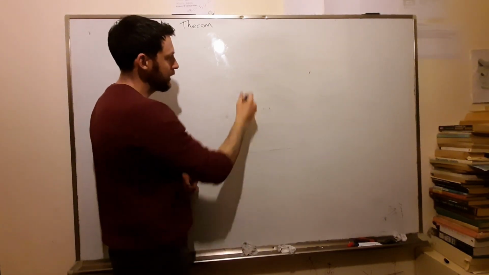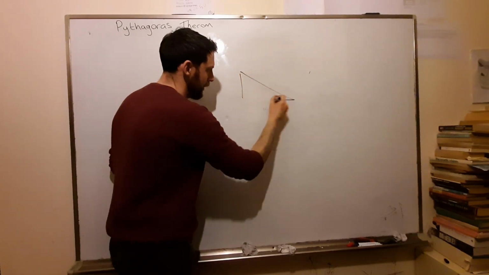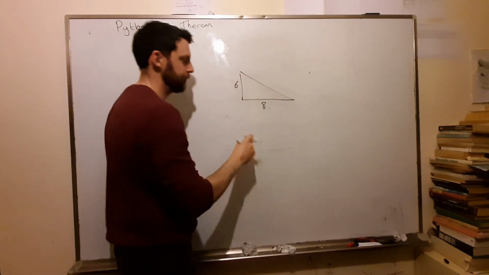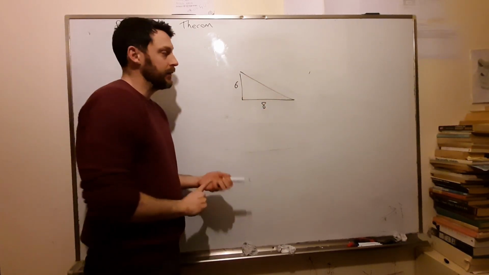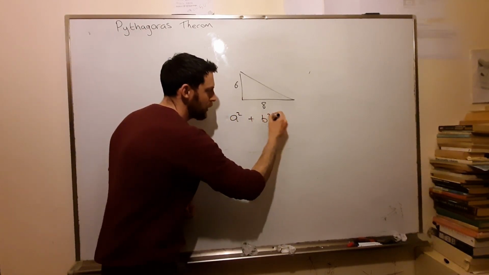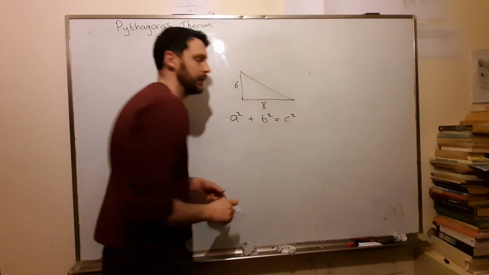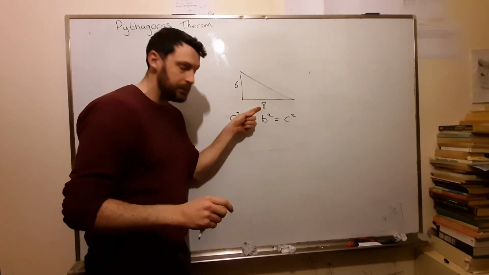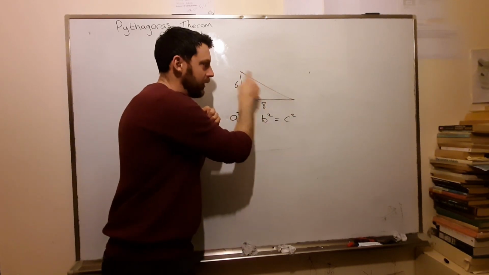Okay. So I'm going to take a triangle and I will change it to 6 and 8. Now, Pythagoras' theorem again is a squared plus b squared equals c squared. For the purposes of this, I'm going to help you out. This one is a, this one is b, and the last one is c.